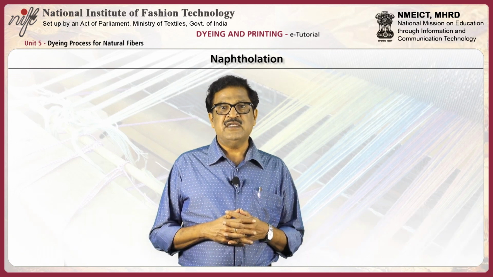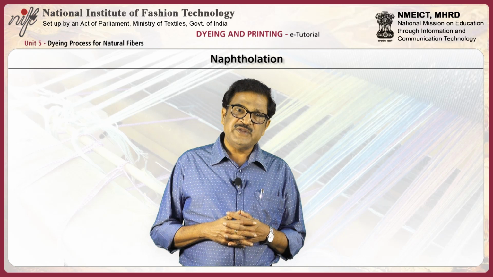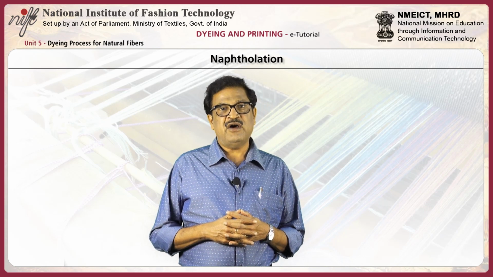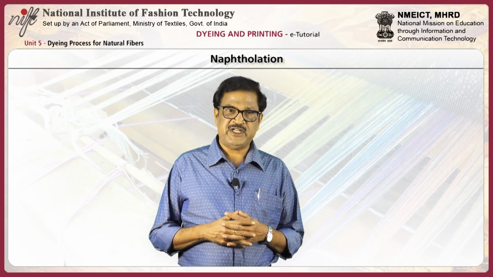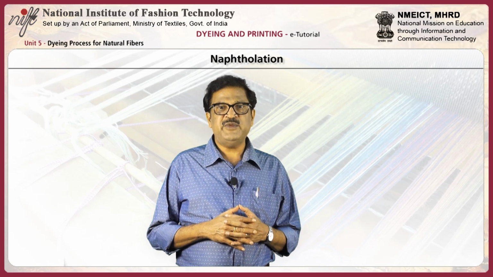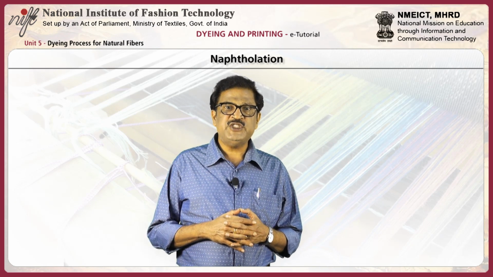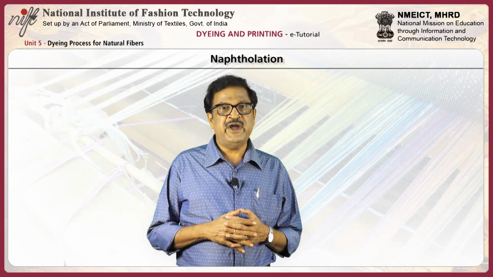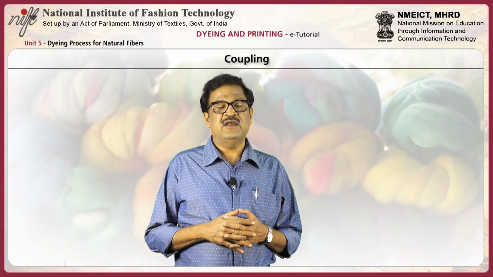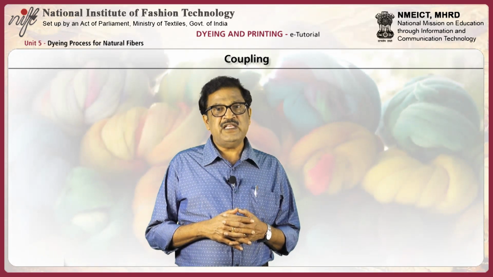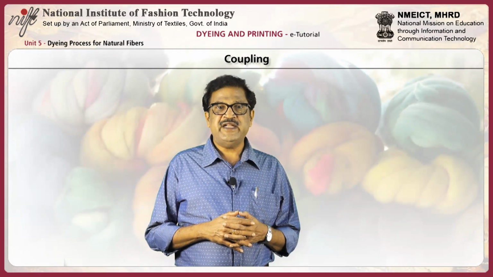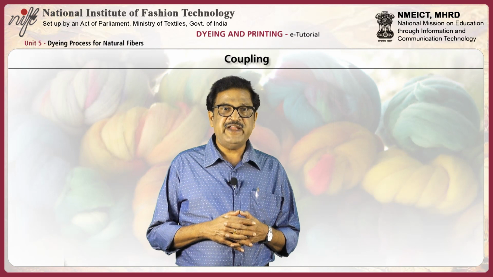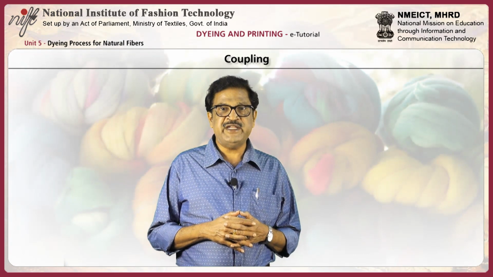This is done by centrifuging, squeezing, vacuum extraction or other means of hydro extraction. The purpose of this step is to remove as much of the naphthol solution as possible in order to avoid cracking problems.